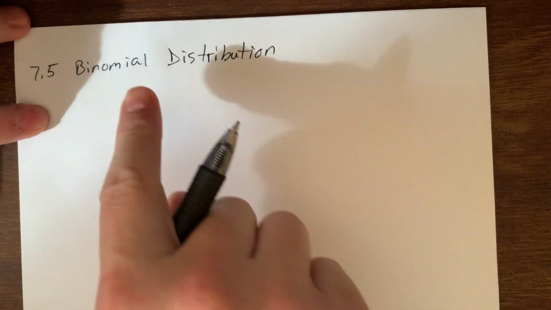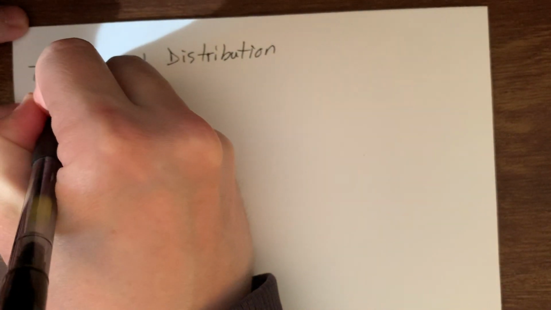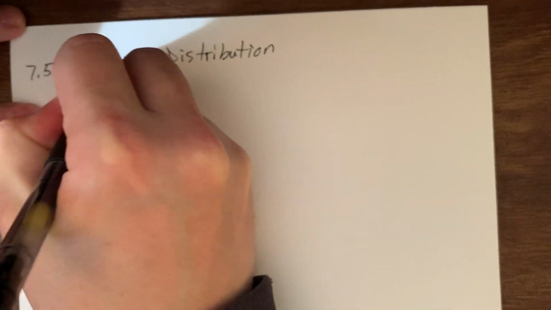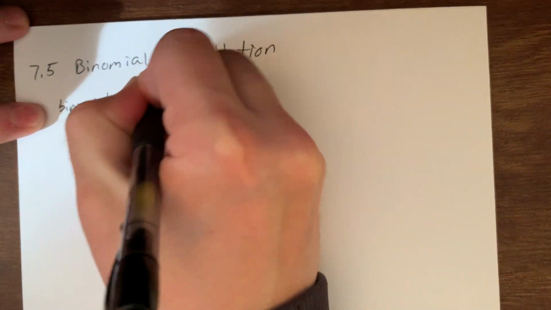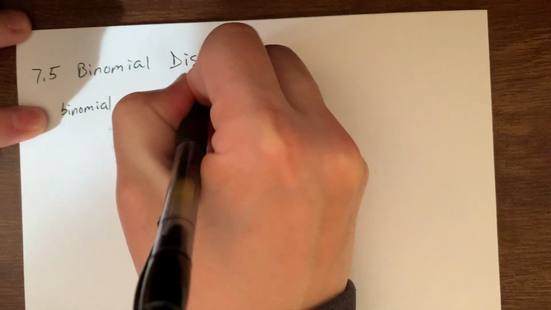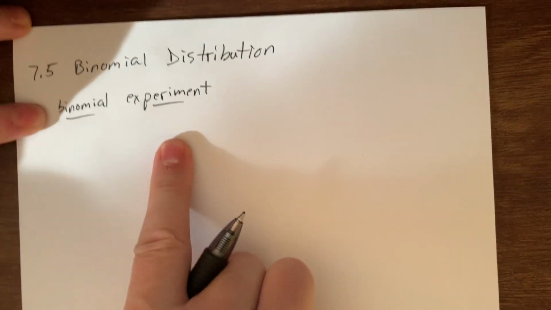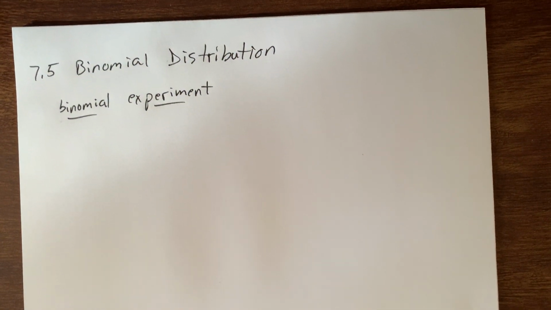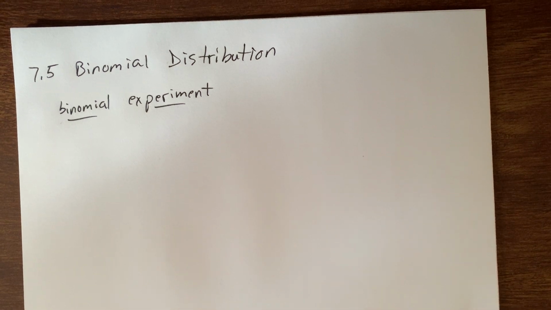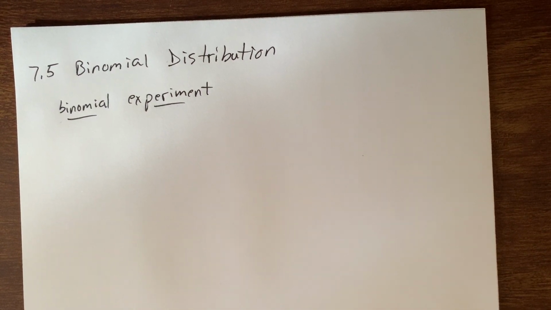So the first thing, a binomial distribution is a result of the binomial experiment. The binomial experiment is described on page 372 in your book. It starts off talking about a sequence of trials with the following conditions. Number one, we have a fixed number of trials.